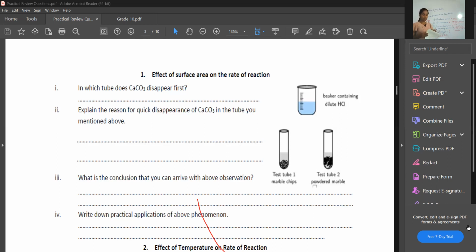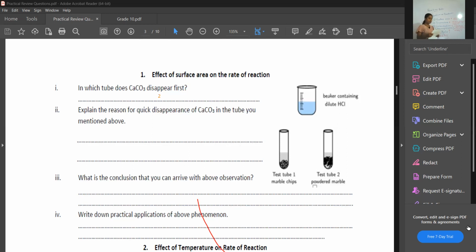In which test tube does calcium carbonate disappear first, when the reaction between calcium carbonate and HCl is going on? Test tube 2. Calcium carbonate disappears first because it is in the powdered form, which has more surface area, so very easily it reacts with HCl.